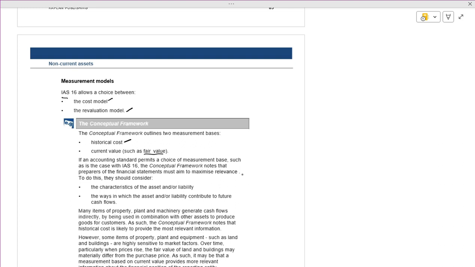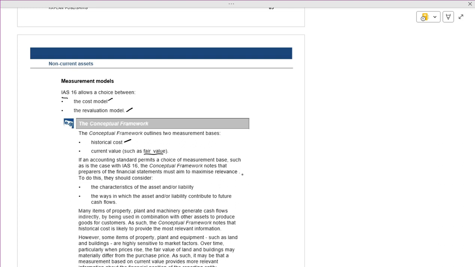Always we take into consideration the fair value. The moment we are thinking about this, okay, we are thinking about SPPI. Keep it in mind that it is a part of the fair value only.